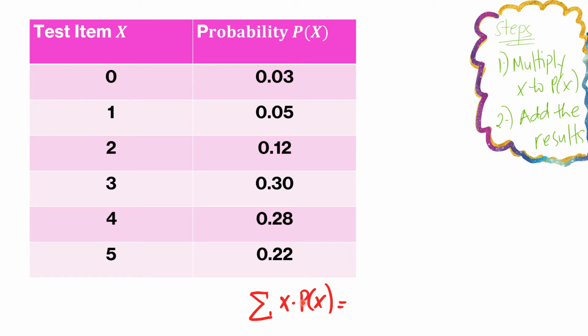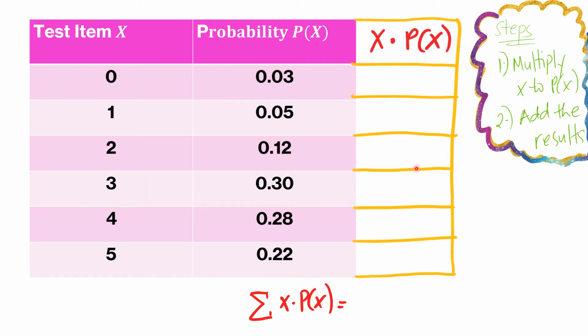So that is x times p of x. Second, after we multiply, we add all the results. That is why there is a summation. And in order to do that, in the table, we put additional columns and rows. So, we have x times p of x.